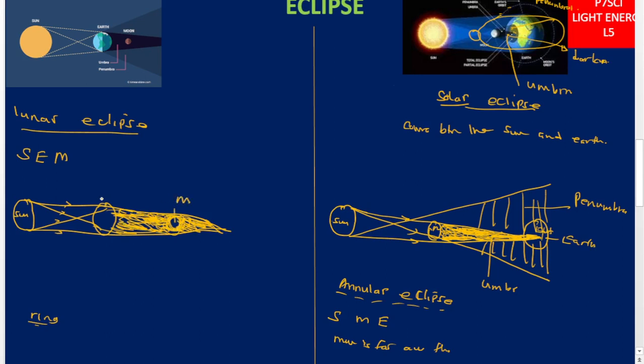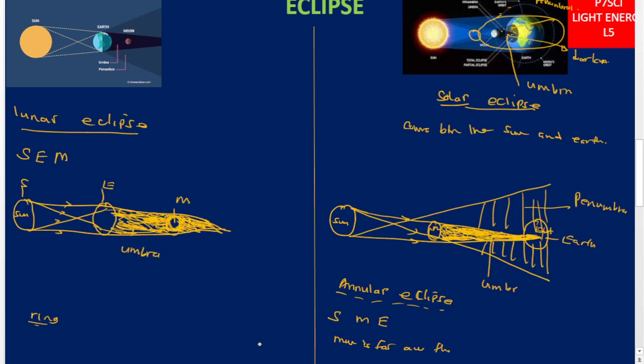This is the moon, this is the earth, and this is the sun. The moon is very small, and the earth is in the middle and it's very big, so it obstructs any light from going to the moon, so the moon experiences only the umbra shadow.